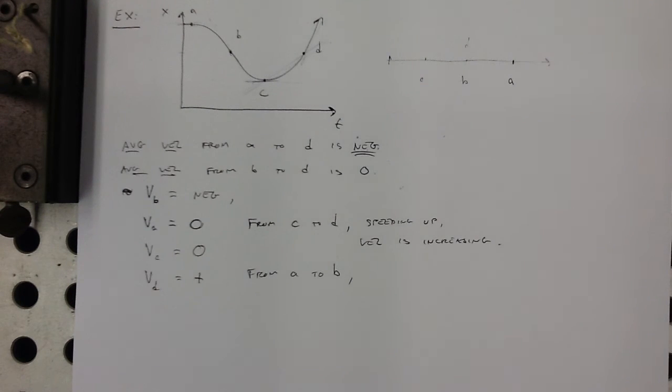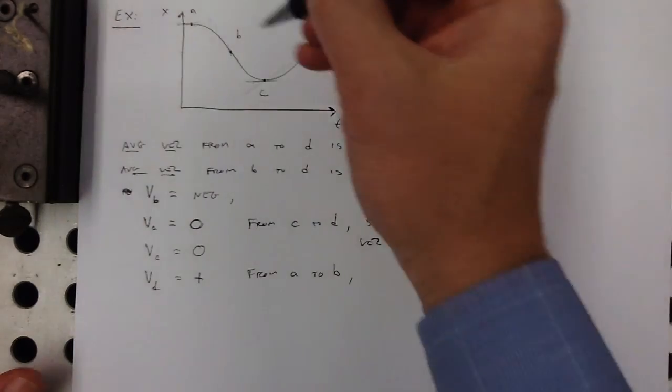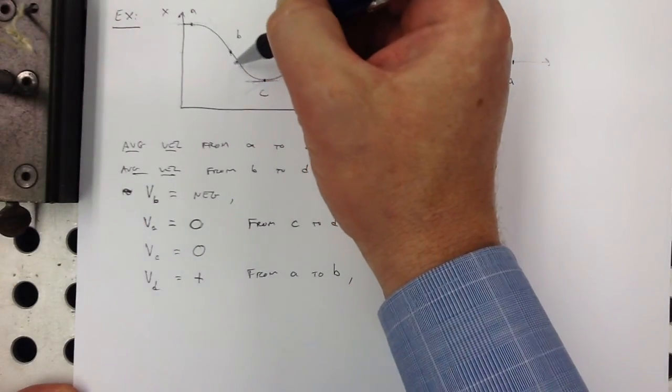Think about that for a minute. Well, if at A its velocity is 0, that means it's not moving, right? So if you go from not moving to moving, that's speeding up, right? In this particular case, it just so happens that we're speeding up in the negative direction.